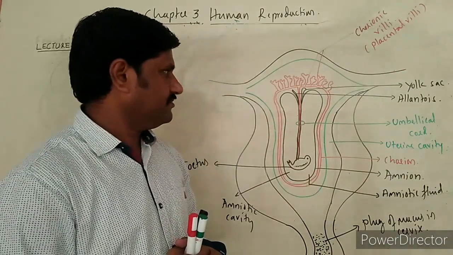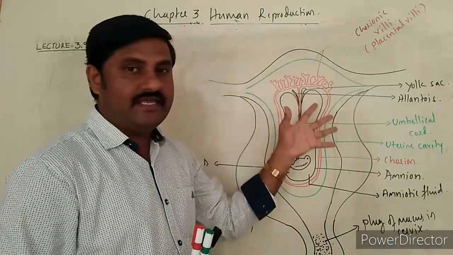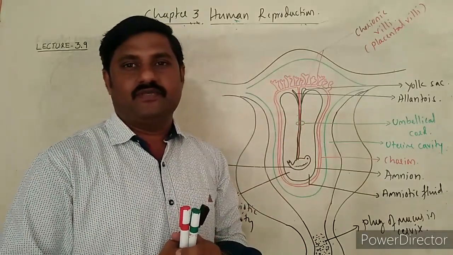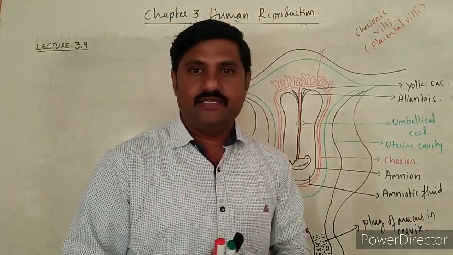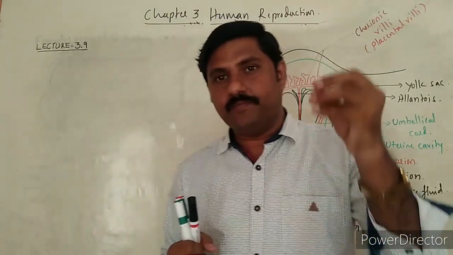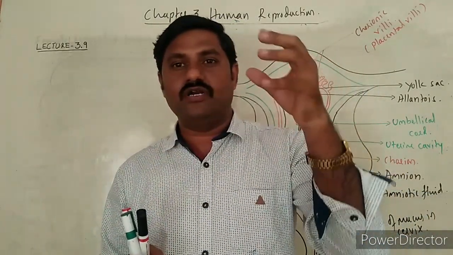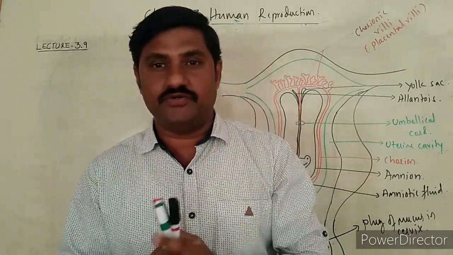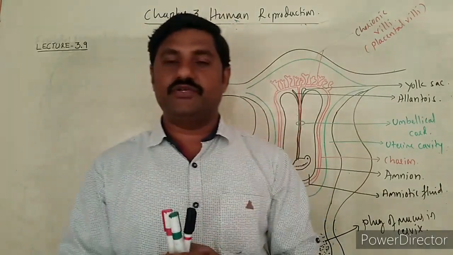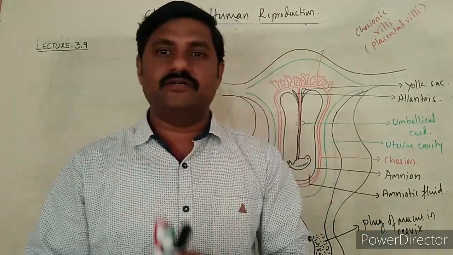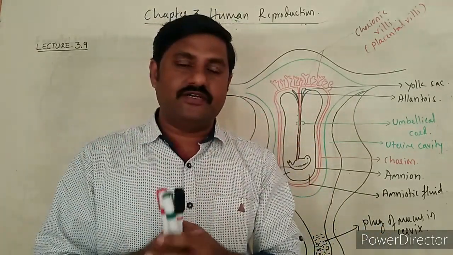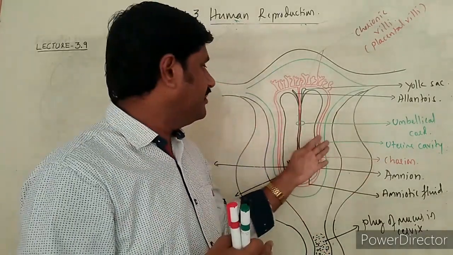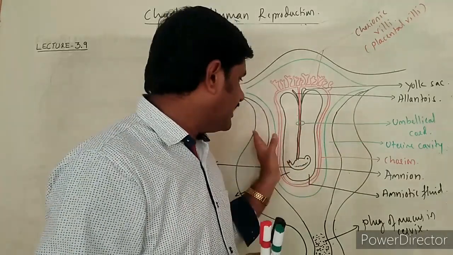And these chorionic villi completely immerse into, or dip into, the maternal tissue, the mother tissue, or the uterine tissue, right? When completely immersed, it comes in contact with the tissue of the mother, where it is more secretory, the endocrine part. So this acts as, why?